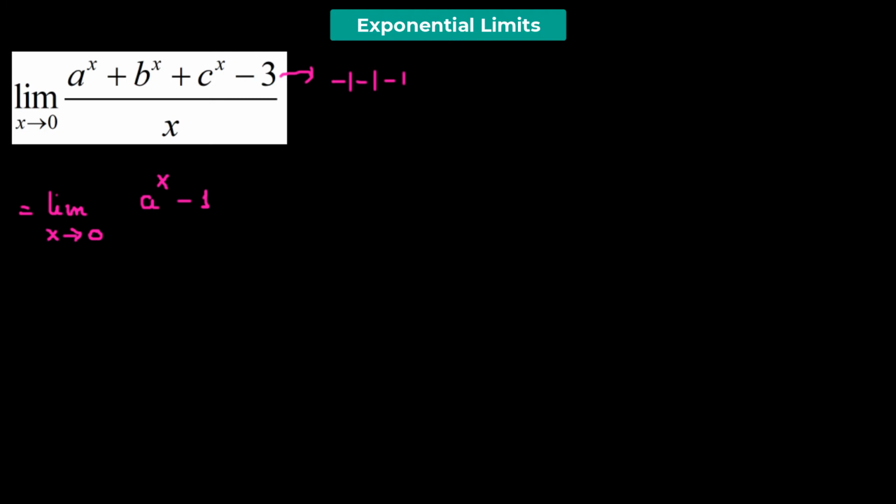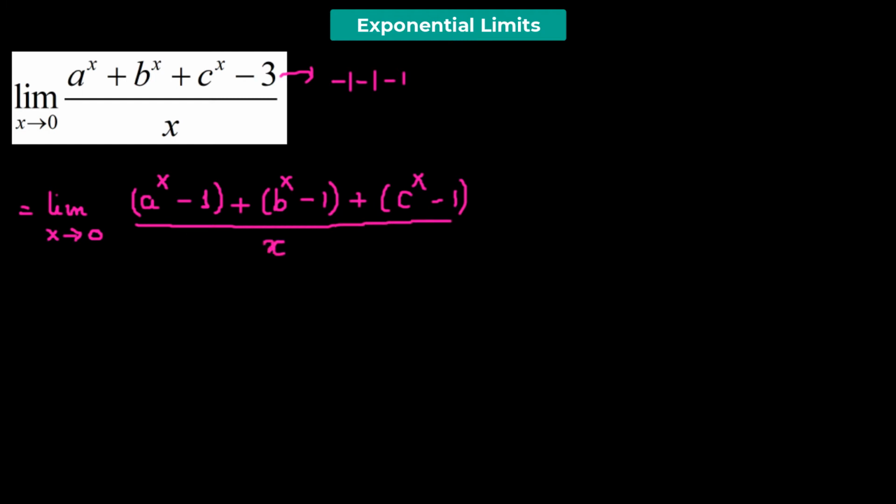So we have taken one -1 and combined it with a raised to the power of x. Similarly, for the second term, we have b raised to the power of x minus 1 plus c raised to the power of x minus 1, divided by x.